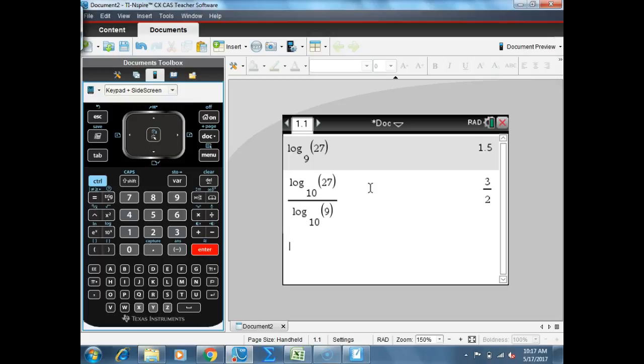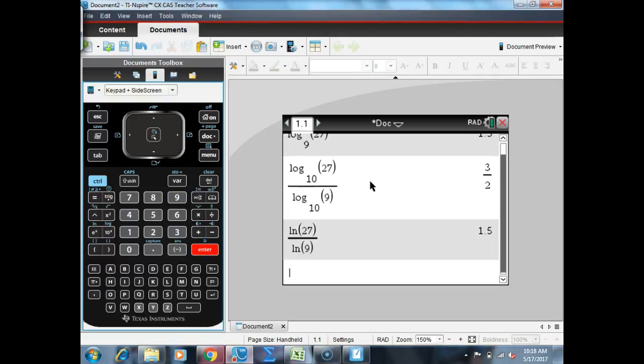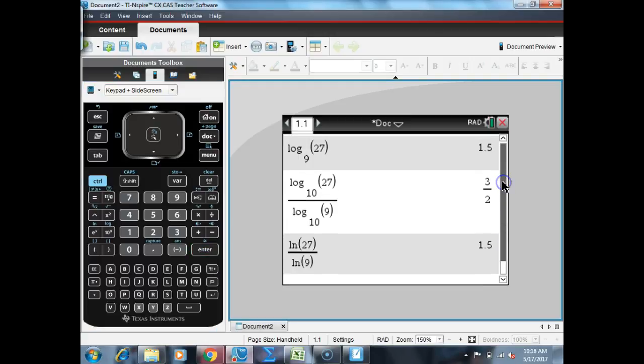Or I could go natural log of 27 over natural log of 9. Oops, why did my 9 go away? Okay. So no matter which way I do it, I get the same thing.